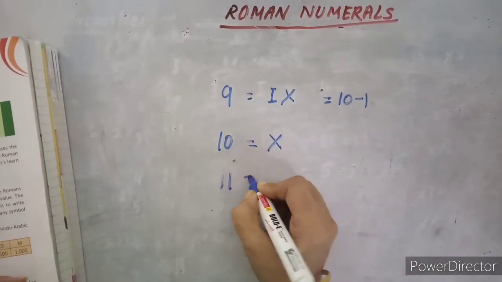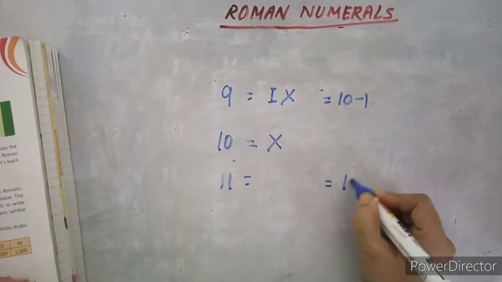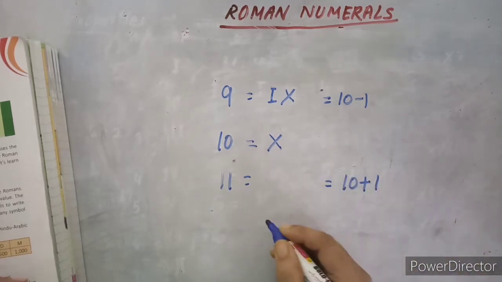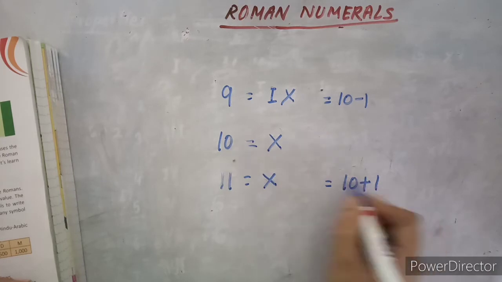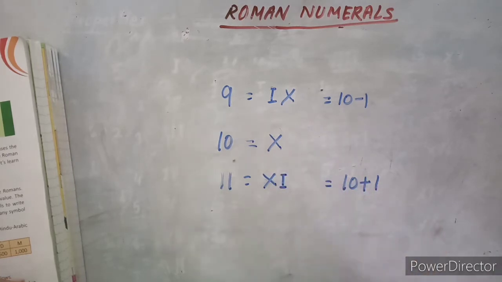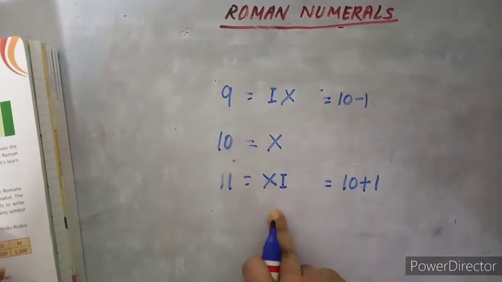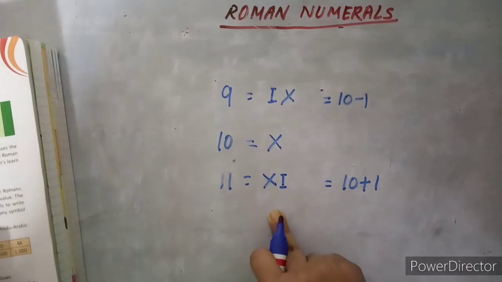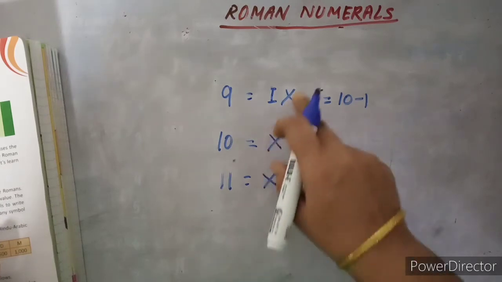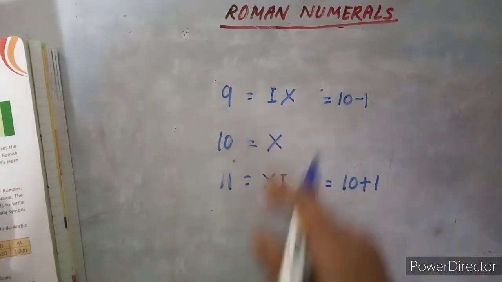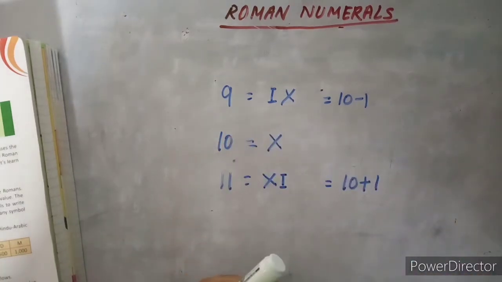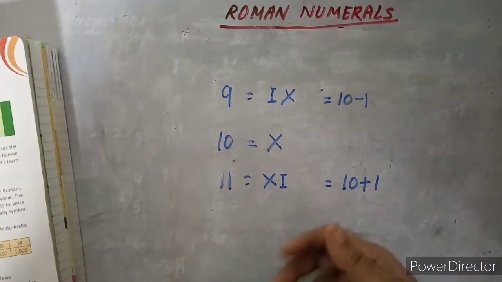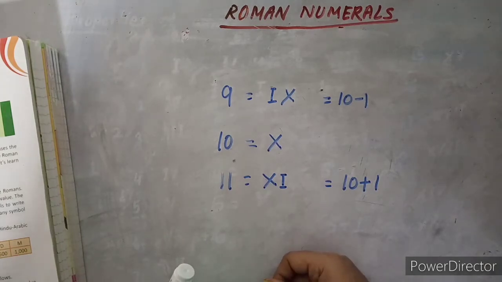And for 11 also you have your number as 10 plus 1, so this becomes 10 and your sign I will be here, so it becomes 11. Okay, so this is the way you have to write your Hindu Arabic numerals represented by Roman numerals like this. Okay, so we will see other numbers also which are given to you.